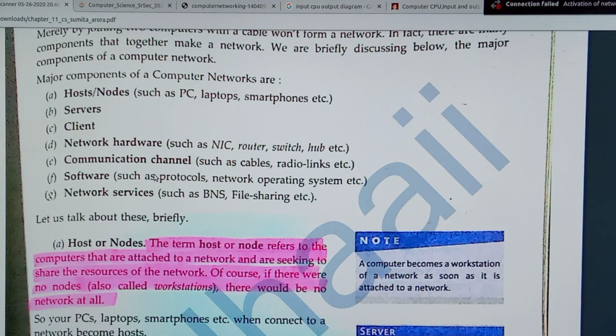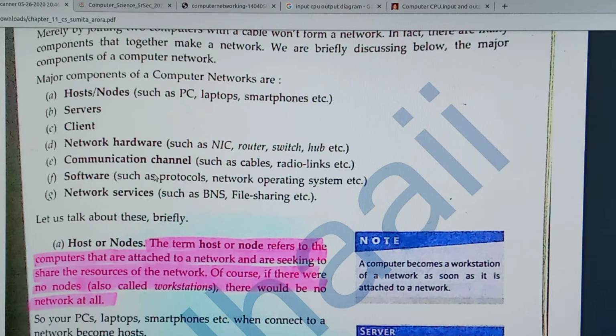Before that it may be a standalone system, but when it is attached to a network, from that time onwards it is called a workstation. So host or node is nothing but any device or computer that is attached to a network and seeking to share the resources of a network. This is the main concept of host and node.